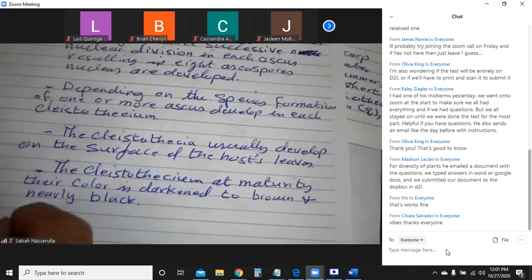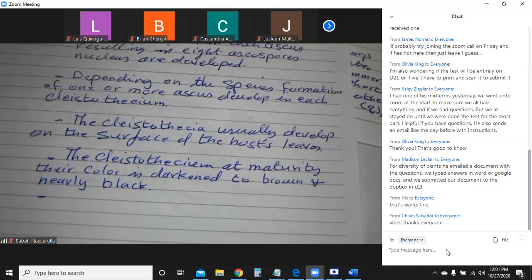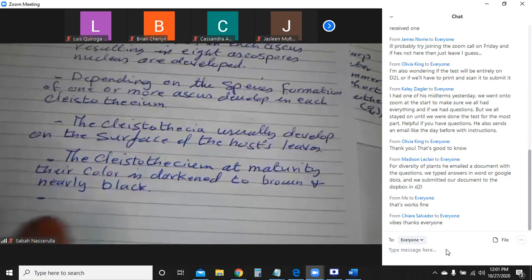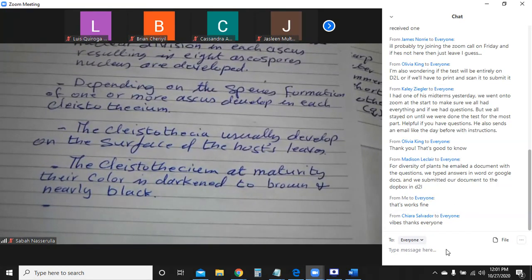The other point I'm going to mention to you here is that the clistothecia of the powdery mildews usually bear appendages, and usually they show different shapes. These appendages are important because that's the way they attach to the surface of the leaf. I'm going to show that to you.